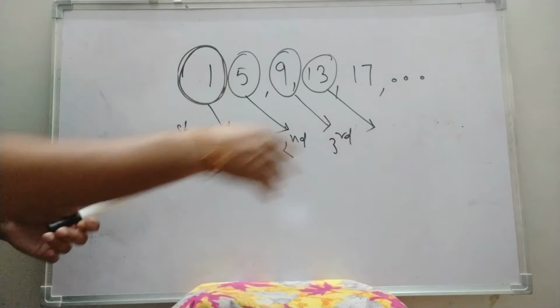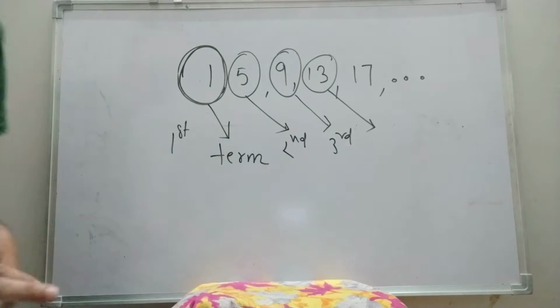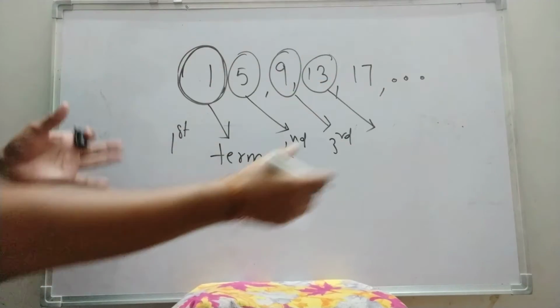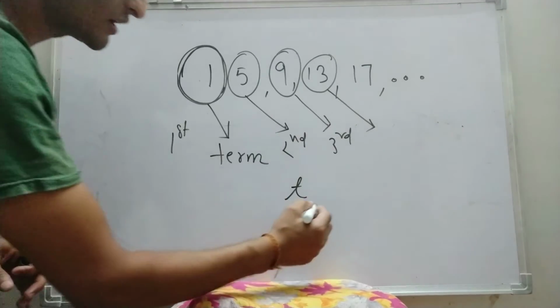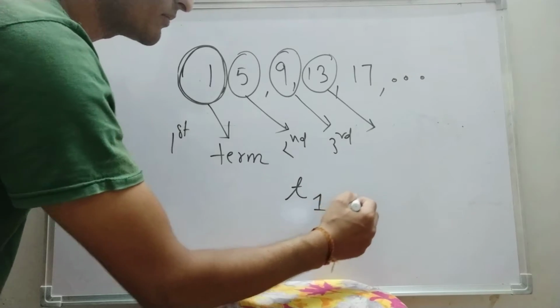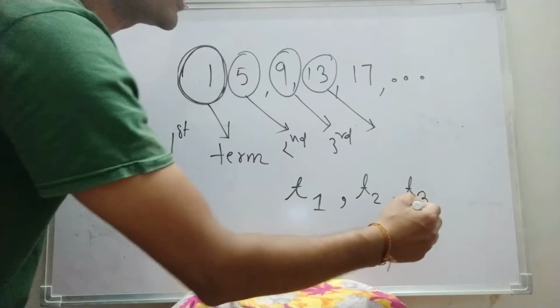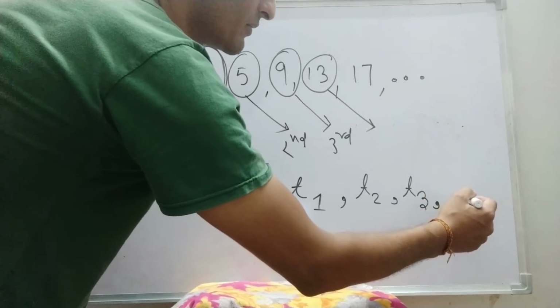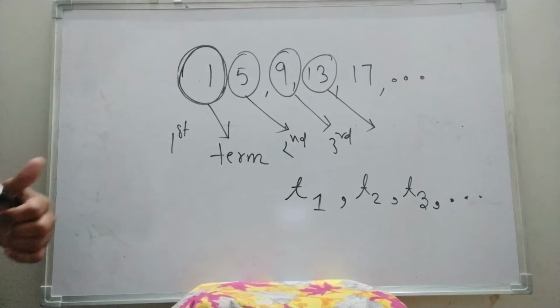Generally, students, these are the first term, second term, third term, fourth term. If you denote the sequence by a particular letter T, then the first term will be denoted by T1, the second term by T2, the third term by T3, the fourth term by T4 and the fifth term by T5, students.